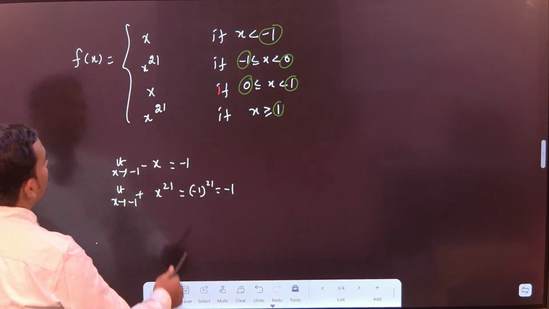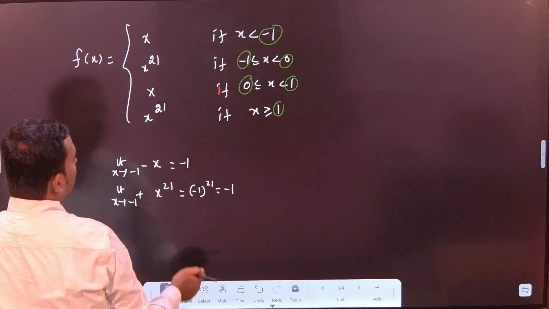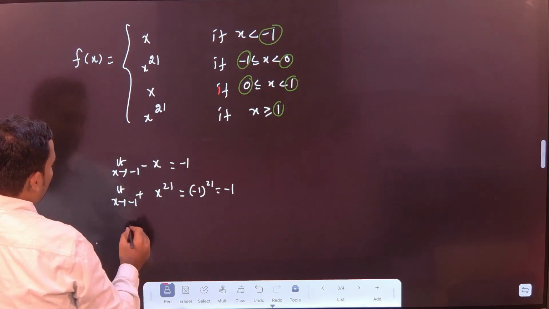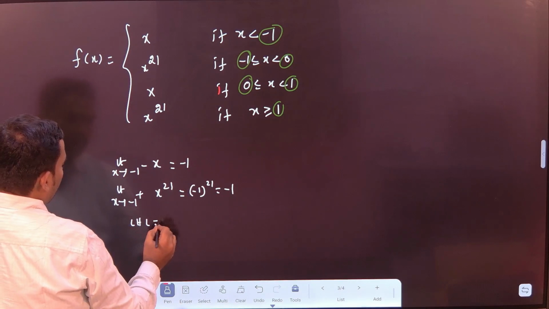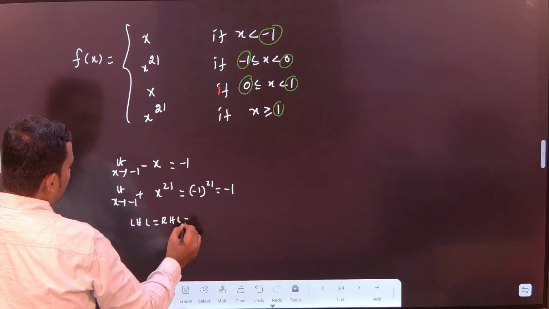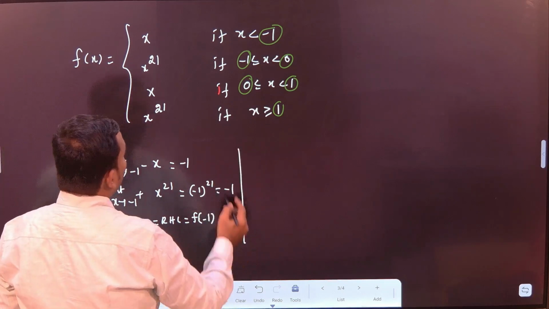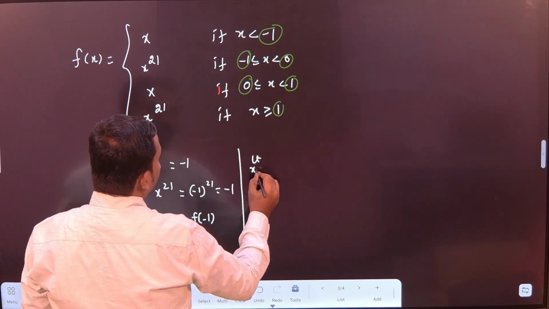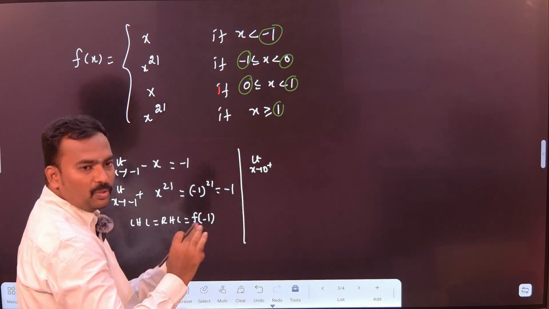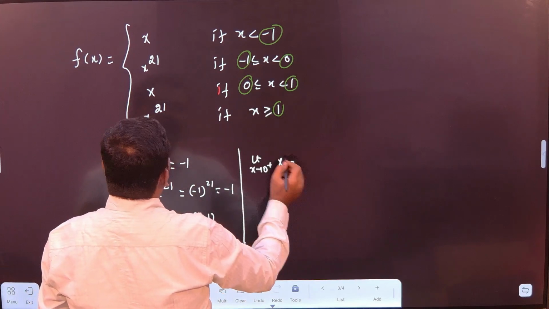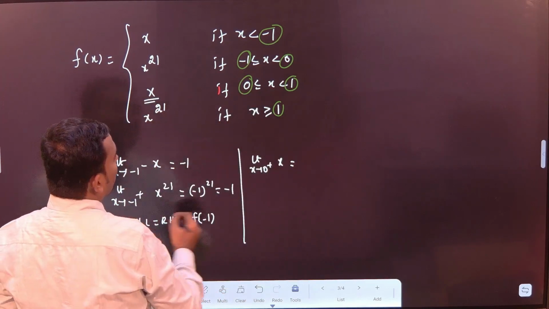Okay, so you can check at x equal to minus 1 also, minus 1 only. So we can say that the left hand limit is equal to the right hand limit is equal to f at minus 1. The same way you can check at 0. Limit x goes to 0 plus, 0 plus means more than 0. More than 0 means x, 0, you have to choose this function.